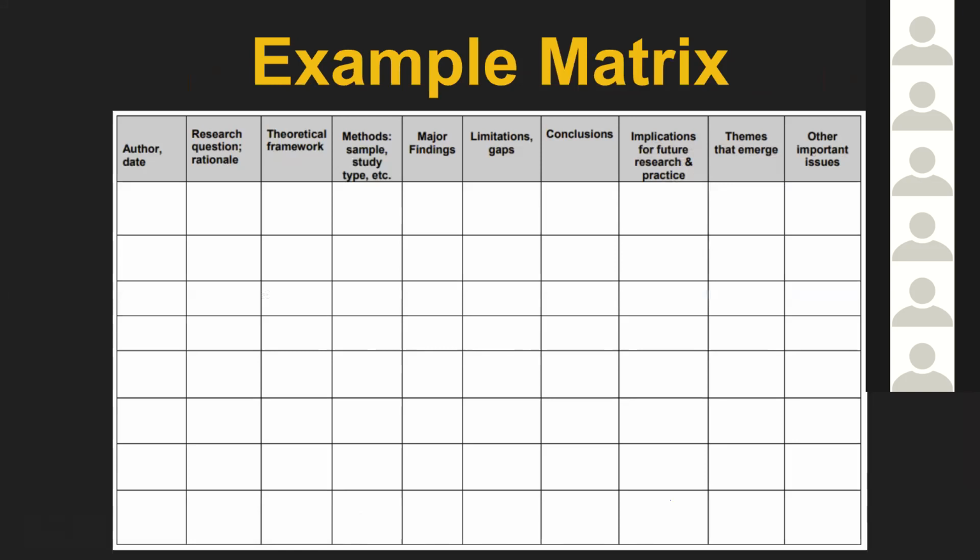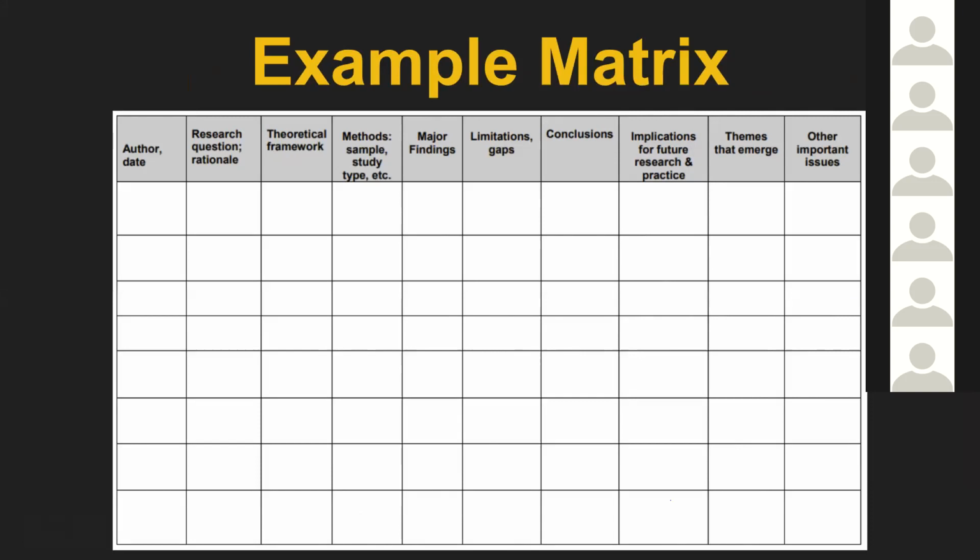So a simple matrix would look like this. You can see that the size is purposely constrained. That is there to minimize any temptation to include too much detail. This isn't where you're writing your paper. The column names can be organized however you want, and you may even decide that some aren't relevant to you, but they should reflect what you need to extract from each source.